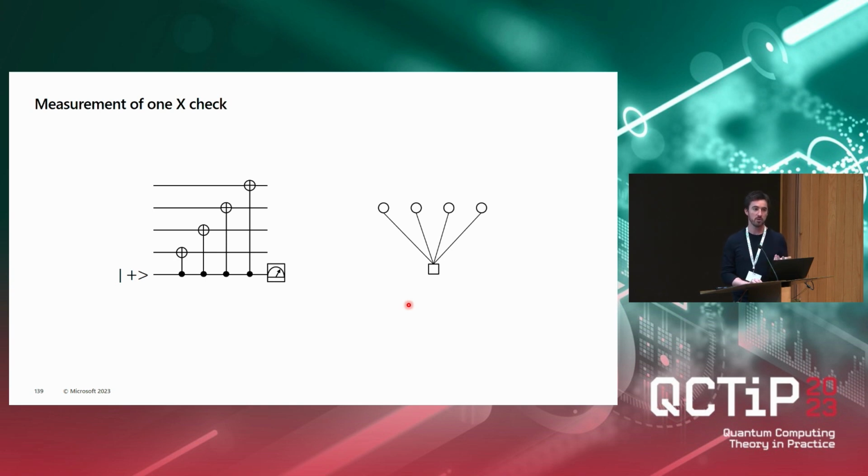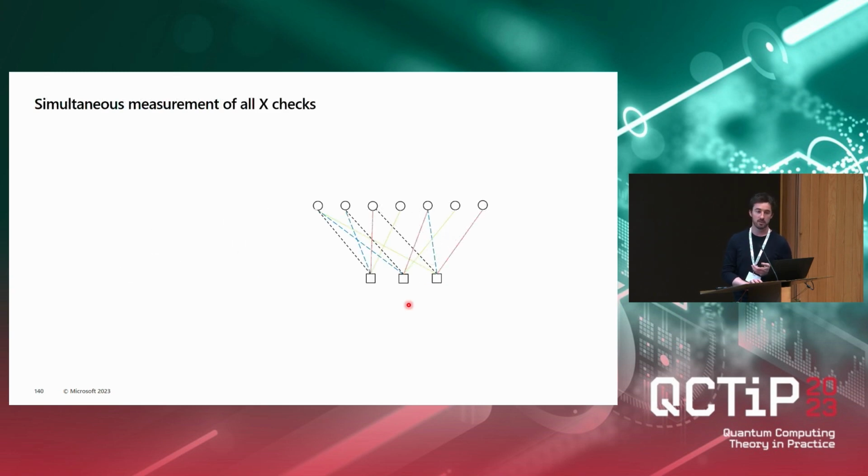So first I'm going to do it assuming fully connected qubits, and then I'm going to lay it out in 2D. So the circuit for the measurement of a check, it's the same circuit as the surface code. We measure the CNOTs along the edges of the Tanner graph, one at a time, and then we measure our check. Now let's do that simultaneously for all the checks of our code.